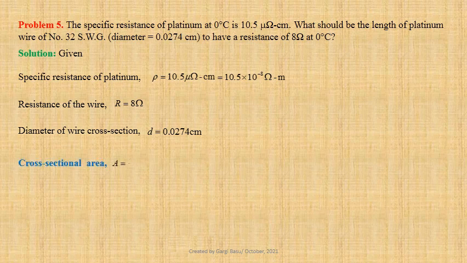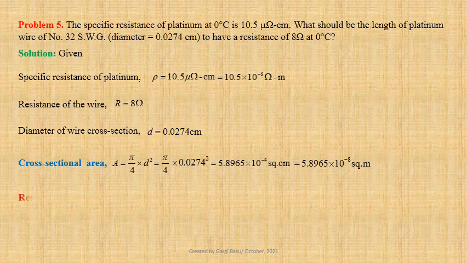A equals pi by 4 into d square, that is equal to pi by 4 into 0.0274 square. That gives us 5.8965 into 10 to the power minus 4 square centimeter, that is equal to 5.8965 into 10 to the power minus 8 square meter.